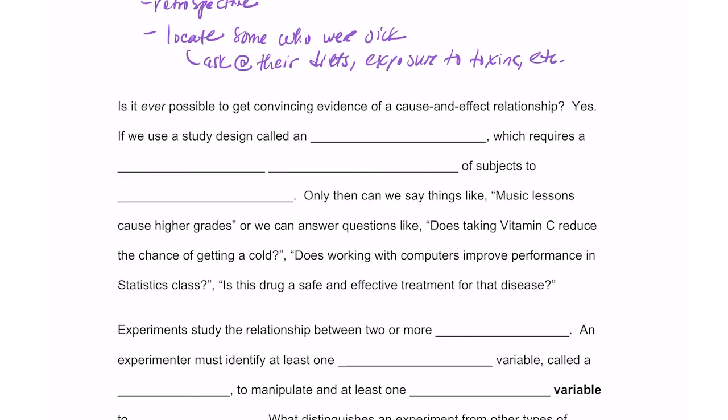Is it ever possible to get convincing evidence of a cause and effect relationship? Yes, it is, if we use a study design called an experiment. In an experiment, you're required a random assignment of subjects to treatments.